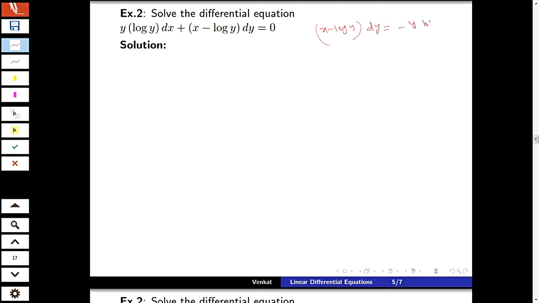I have taken log y. Here you are unable to write it as dy by dx plus p of x into y. So reverse it.